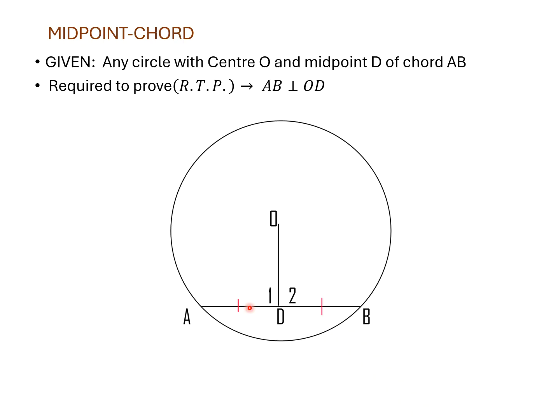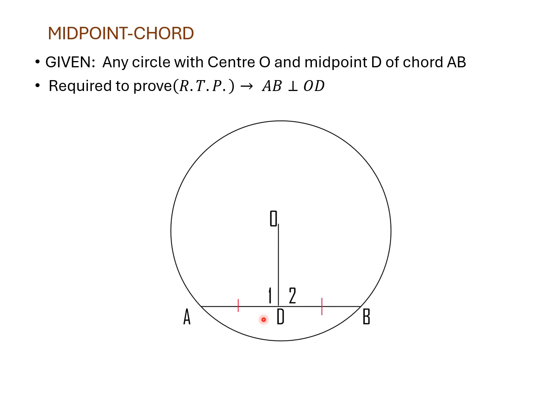That's what they give us. The key is that they're giving us that AD is equal to DB, so this line drawn from the center splits the line AB into two equal sections. Now we have to prove that D1 equals D2 equals 90 degrees.